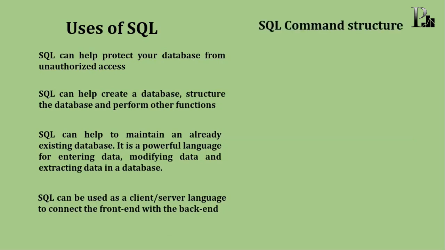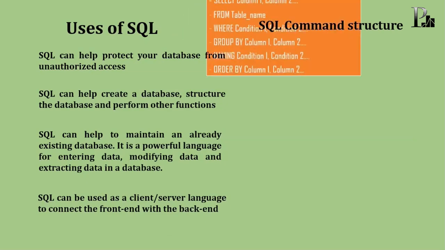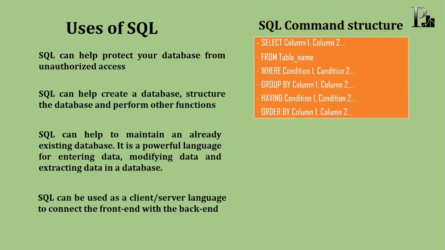Make we look at the SQL command structure. SQL dey follow a particular structure. So to get your data, to query your data, to get your data from the database, you go need follow this structure. So make we look an example. You wan select a particular column. If it be column 1, column 2, or maybe any other column.